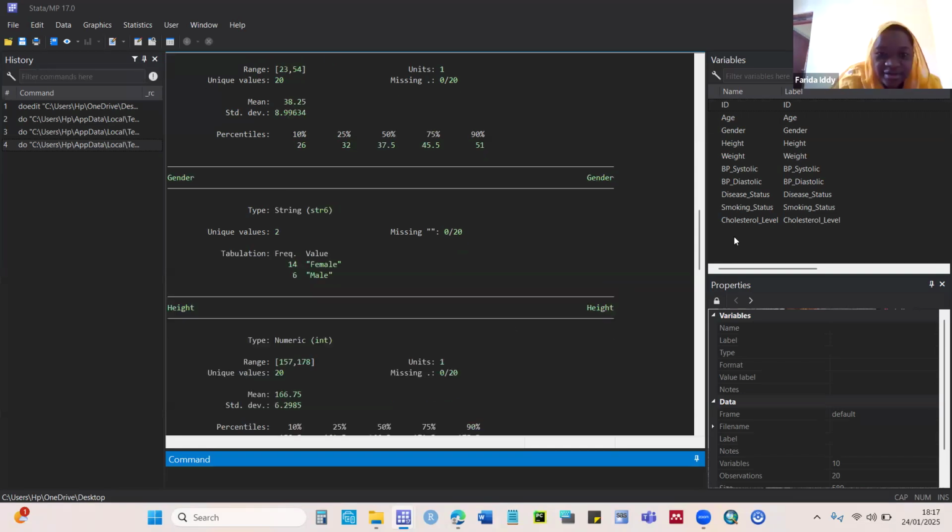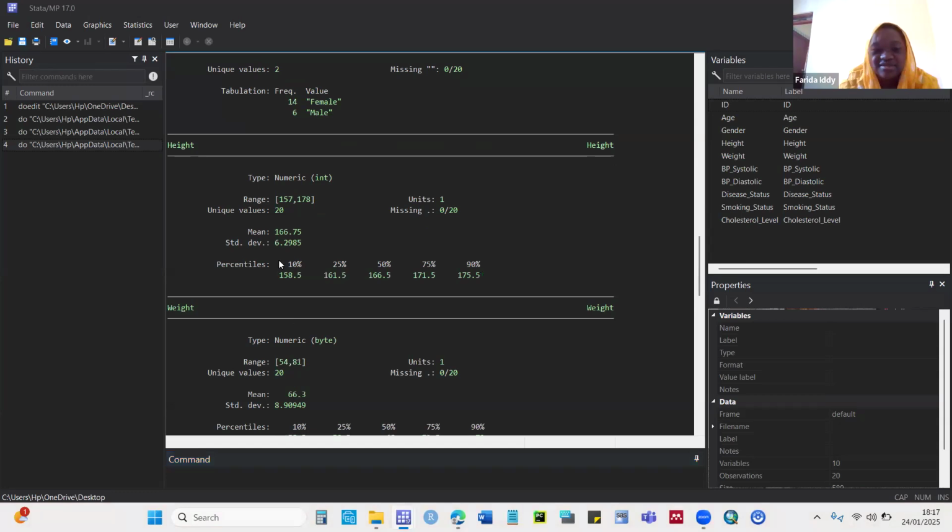Gender is a string variable, a categorical variable, in a nominal scale. It has only 2 categories, female and male, and we don't have any missing value in this variable.